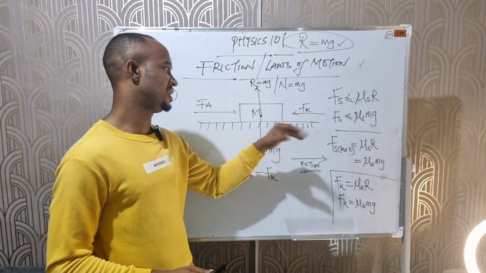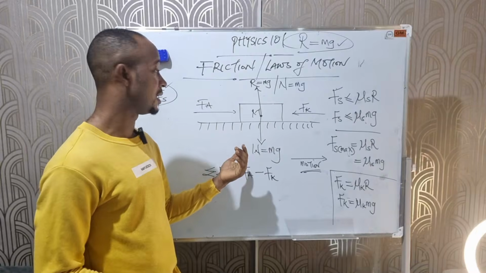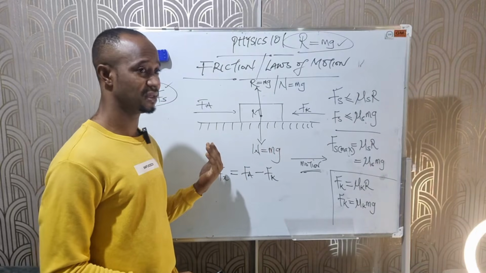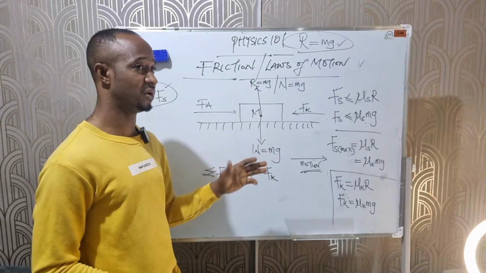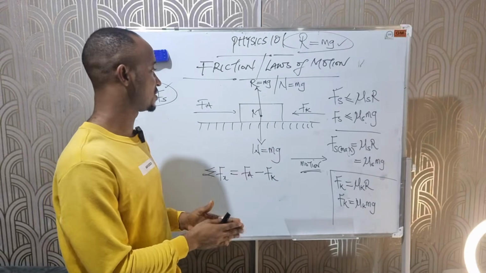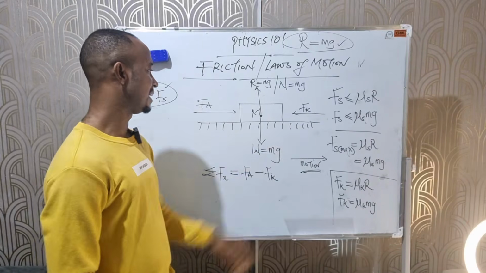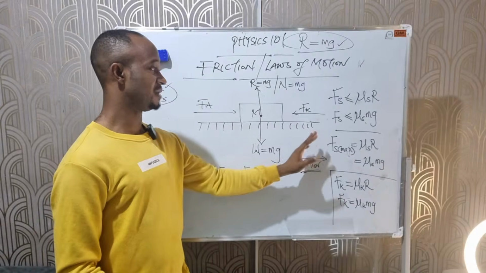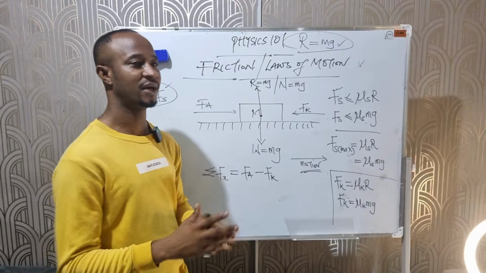But the frictional force there is doing a negative work because it is acting against the displacement. Okay, so that means the angle between the applied force and displacement is simply zero because they are both acting in the same direction. Then the angle between the frictional force and displacement is 180 because they are acting in opposite directions. I'm taking us back to vectors.